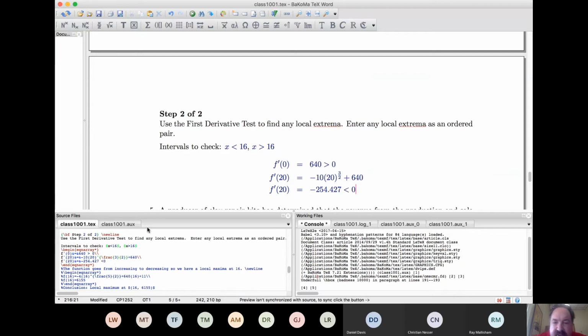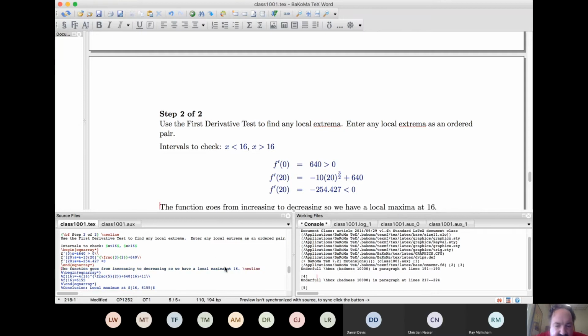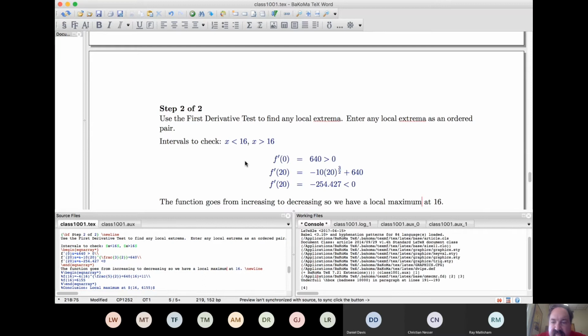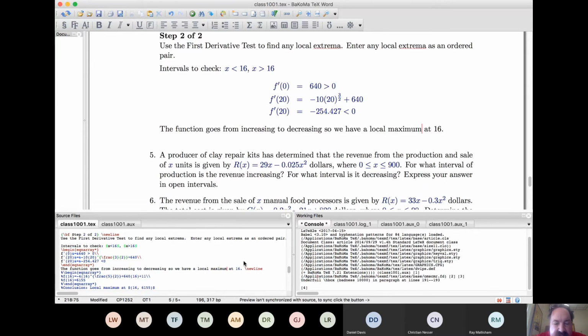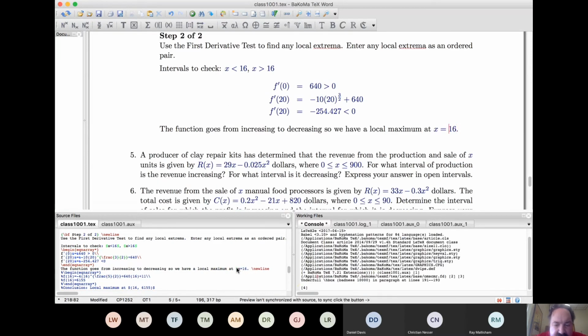So what happens is, at x equals 16, the derivative changes sign from plus to minus. So increasing, then decreasing. So what we have here is a local maximum at this point.